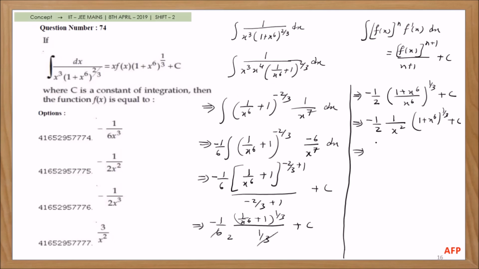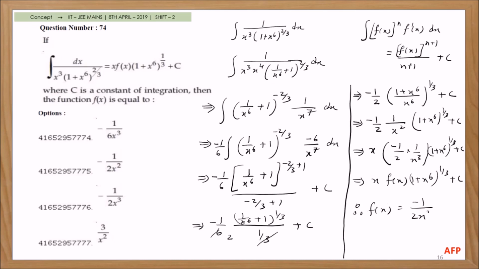So x we are supposed to have, so x we will multiply it here, minus 1 by 2 into 1 by x cube 1 plus x raised to 6 whole raised to 1 by 3 plus c. Okay. This is nothing but x f of x 1 plus x raised to 6 1 divided by 3 plus c. So therefore you can write f of x is equals to minus 1 divided by 2 into x cube. Option 3 it follows.